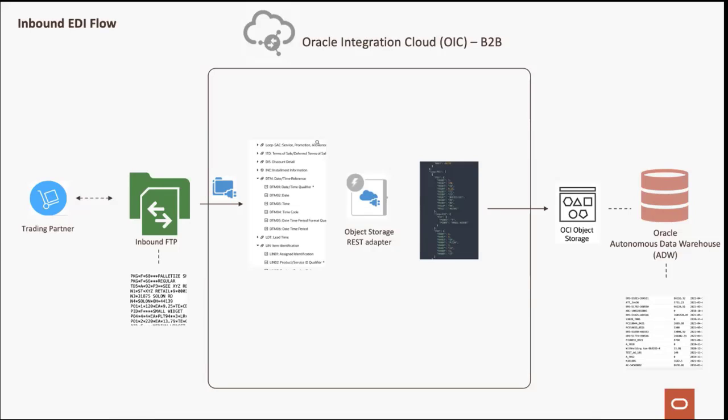So in this first use case, we've got a standard EDI B2B type use case where you're interfacing with the trading partner who's sending you some purchase orders, standard 850 purchase order documents in an EDI X12 format.